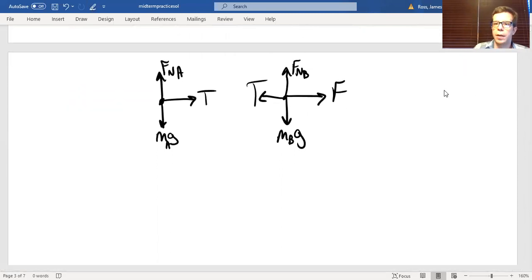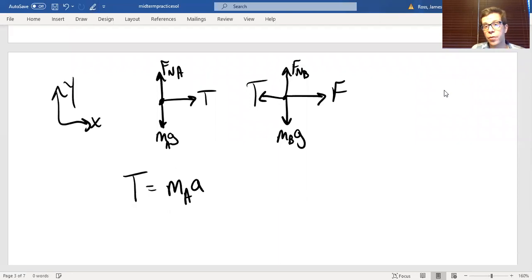All right, so there's no motion in the y direction, so let's just look at the x direction. We have T equal to mA times the acceleration. Since there's no friction, I'm not going to do the y direction.